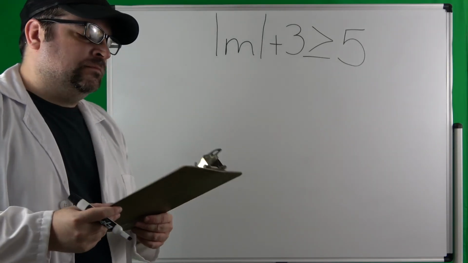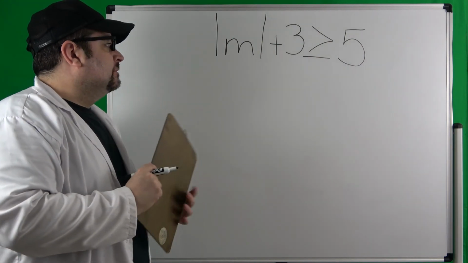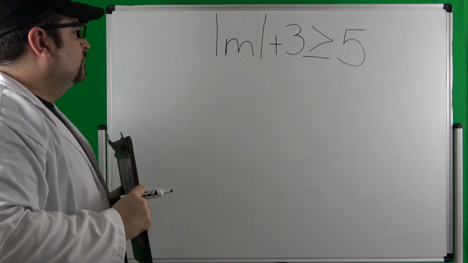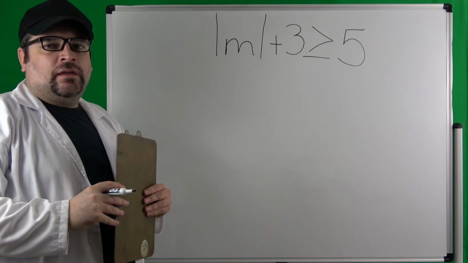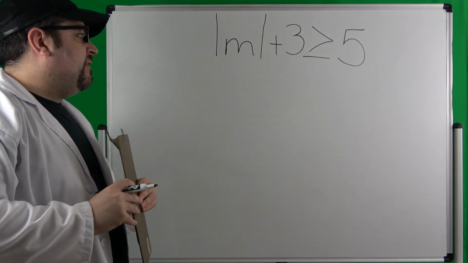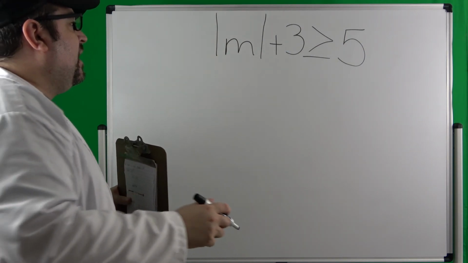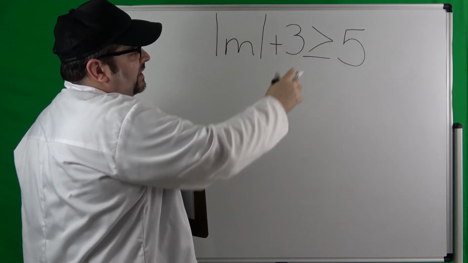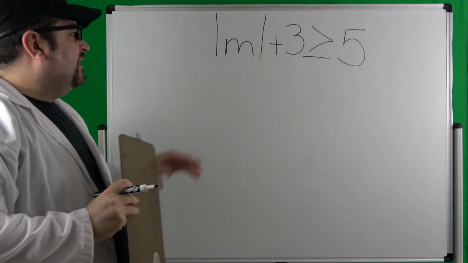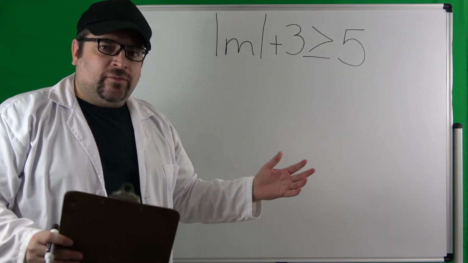What is the graph of the absolute value of m plus 3 is greater than or equal to 5? So right here, we have a fairly basic absolute value inequality. But a lot of times, these are what students forget when they're taking the test.